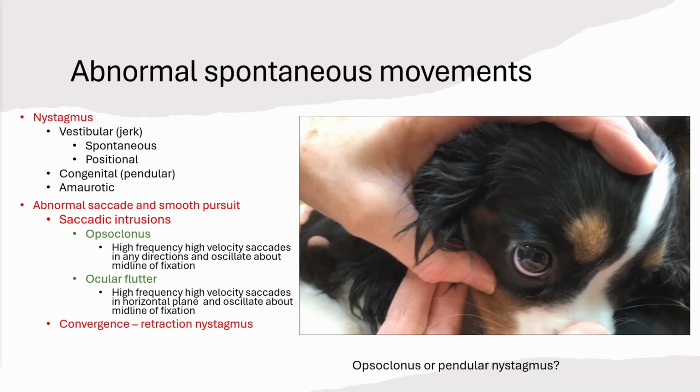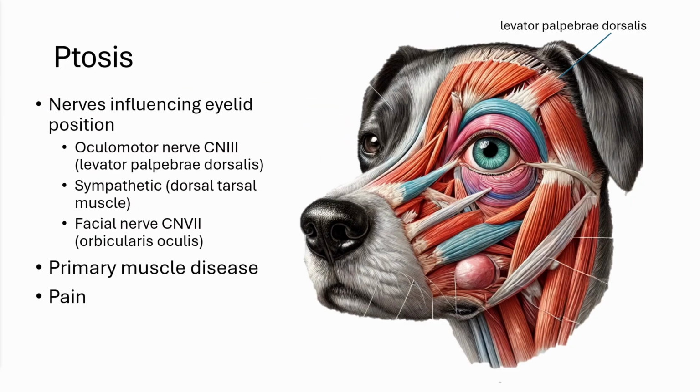The next thing we need to look at is whether or not there's any abnormal position of the eyelid. The nerves that influence eyelid position are the oculomotor nerve, the sympathetic supply to the eye, and the facial nerve to a certain extent.